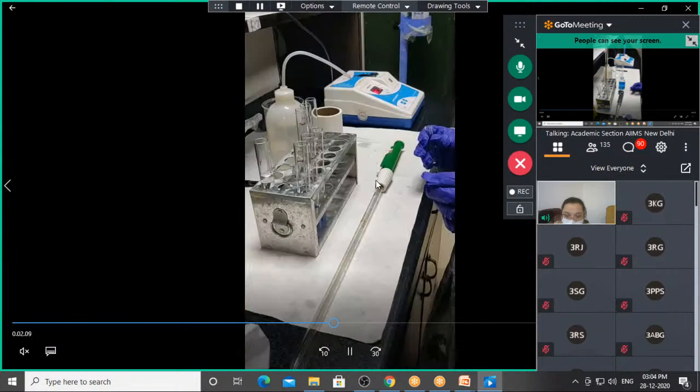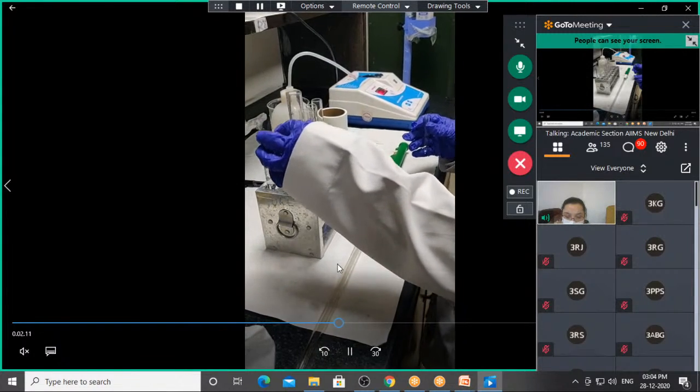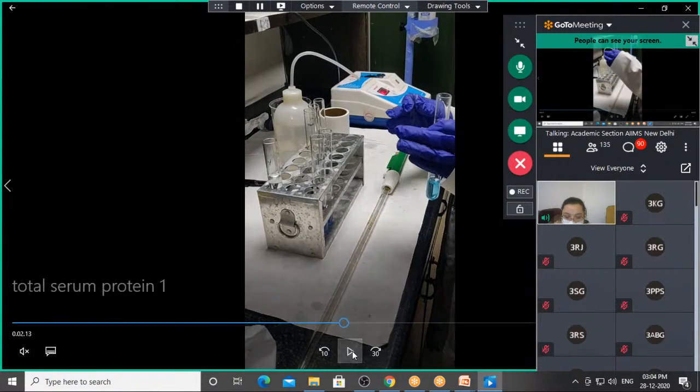Similarly, I have put reagent in all three of the test tubes.